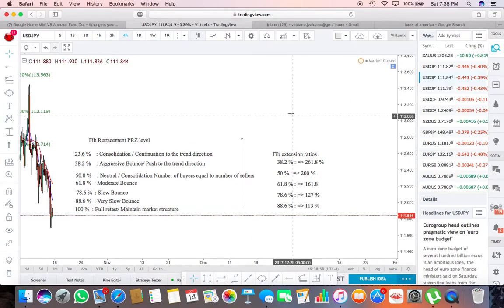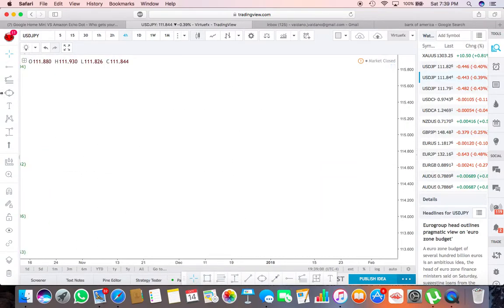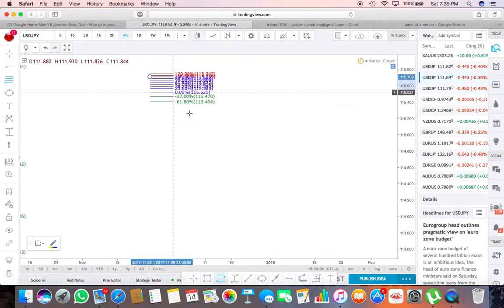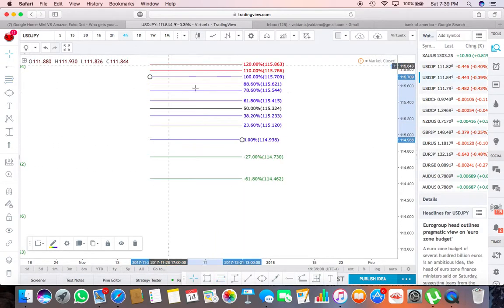Let me show you how. Let's say you get your Fibonacci retracement, point A to point B, and the market reaches 88.6 right there, and you know 88.6 gives 113.